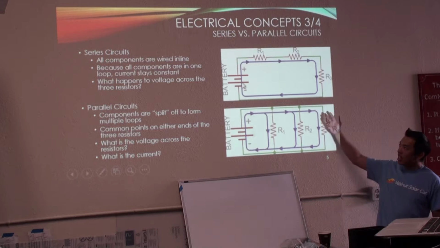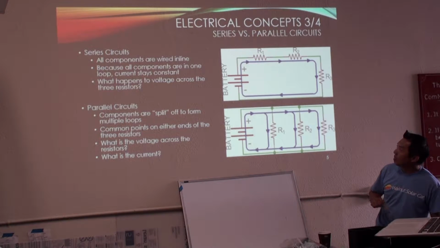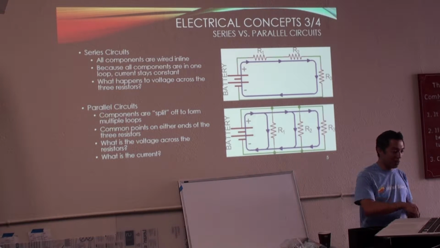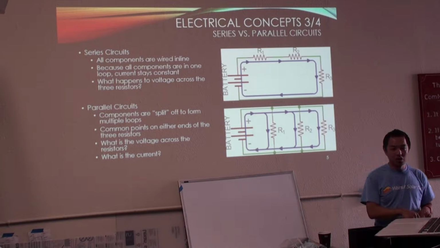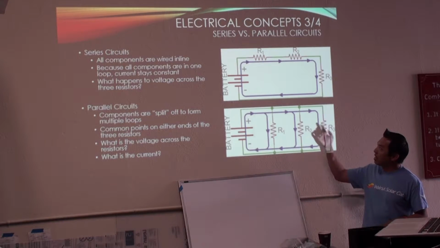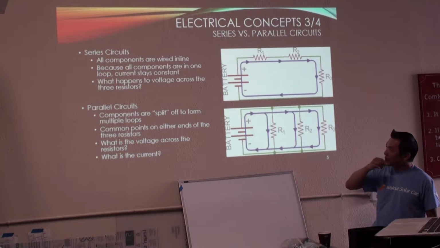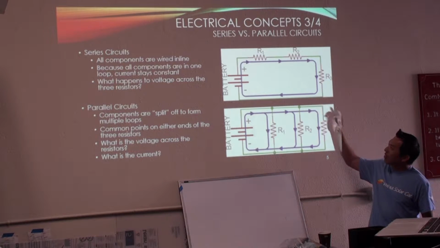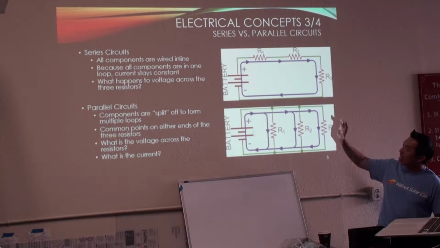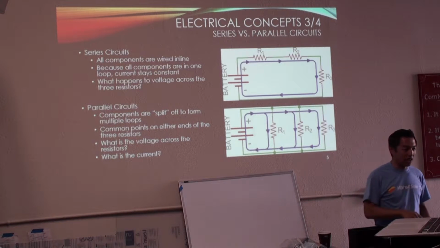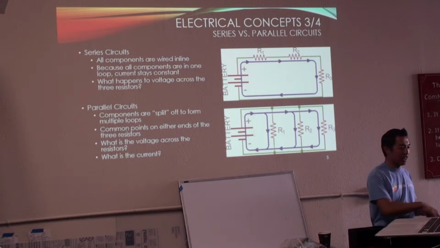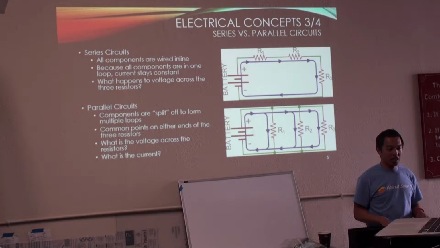When you see this type of diagram, and you think of wires as a hose, what does that mean for the current that runs in that loop?